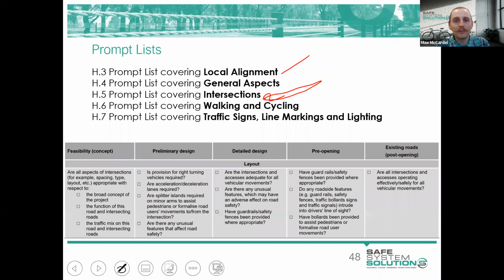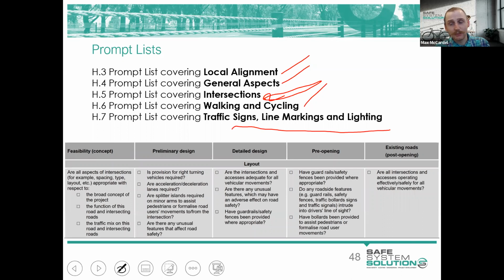So local alignment, general aspects, they're pretty standardized across any project that you could be working on. Walking and cyclists, if you do have any vulnerable road users in there, you'd flick through that as a means of checking that you've covered off on those prompts. Traffic signs, line markings and lighting.